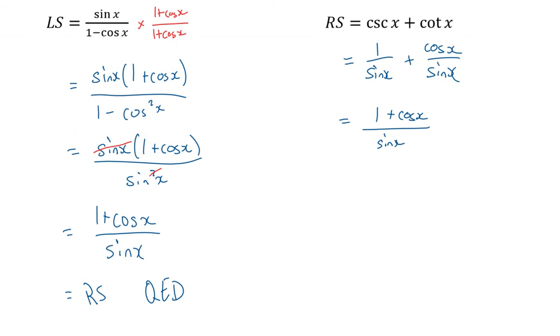But the other thing is that this has a 1 plus cos x on the right side on top. And so multiplying by 1 plus cos x is going to get me that numerator that I want. And sometimes you just kind of force it and just say, well, I need that on top, so I'm just going to get it on top and see what happens. Okay, so that's example 1.